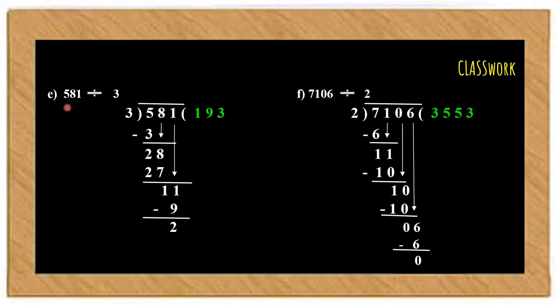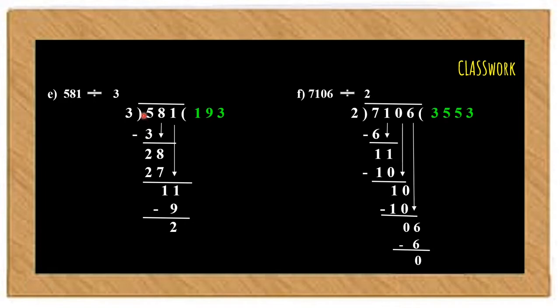In the E part, we have 581 divided by 3. In this question, children, please observe that 5 can be divided by 3. Therefore, we will consider the first digit of the dividend and we will write 3 multiplied by 1, giving us 3 as the answer.